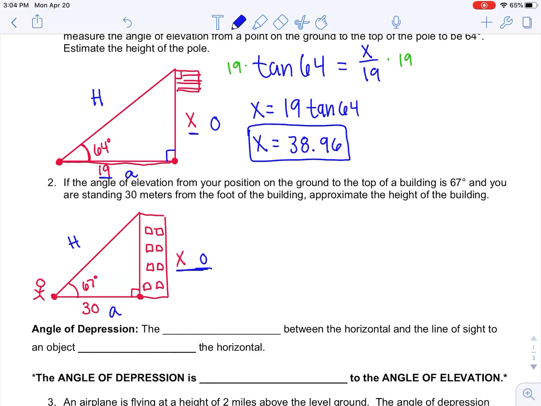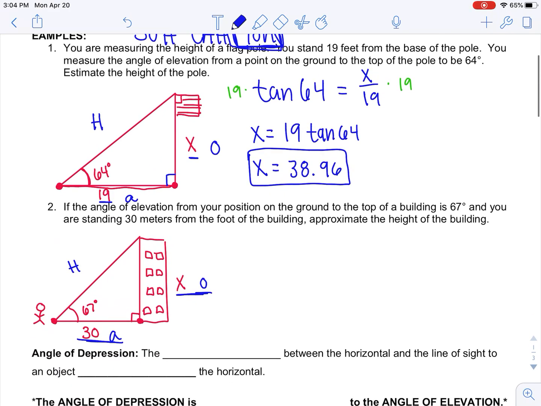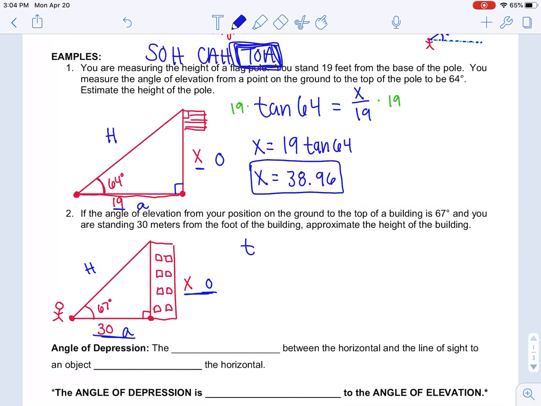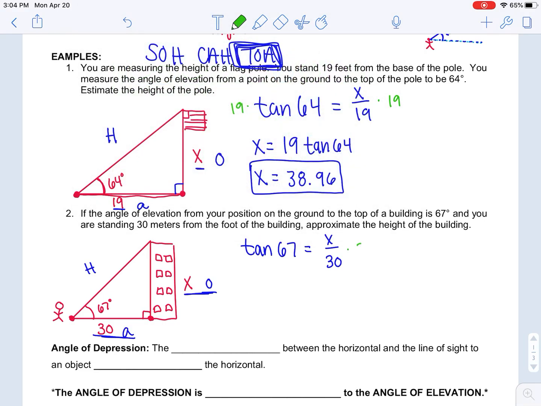So in this problem, we want to know O, we know A. So what uses O and A? Tan. Remember SOHCAHTOA. So we're going to say tan of our angle, so tan 67 equals O over A. So O is x, over A is our 30. Once again, our variable is on top, so we multiply. So I'm going to multiply both sides by 30.